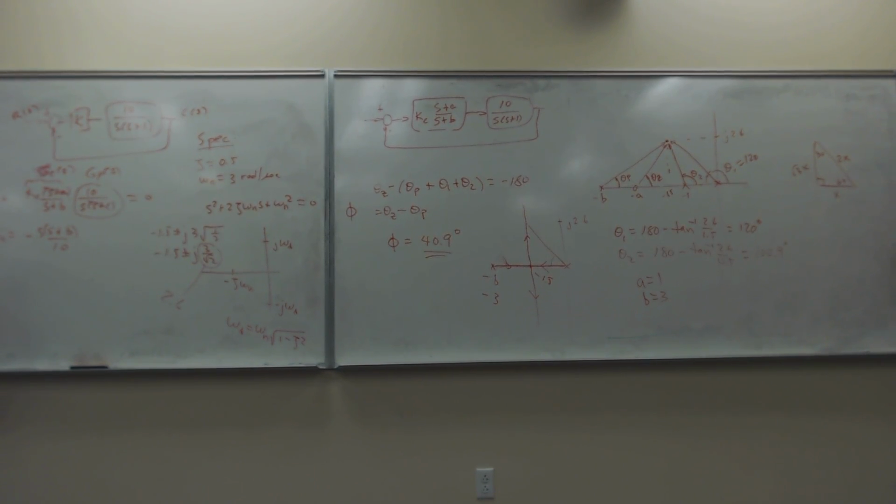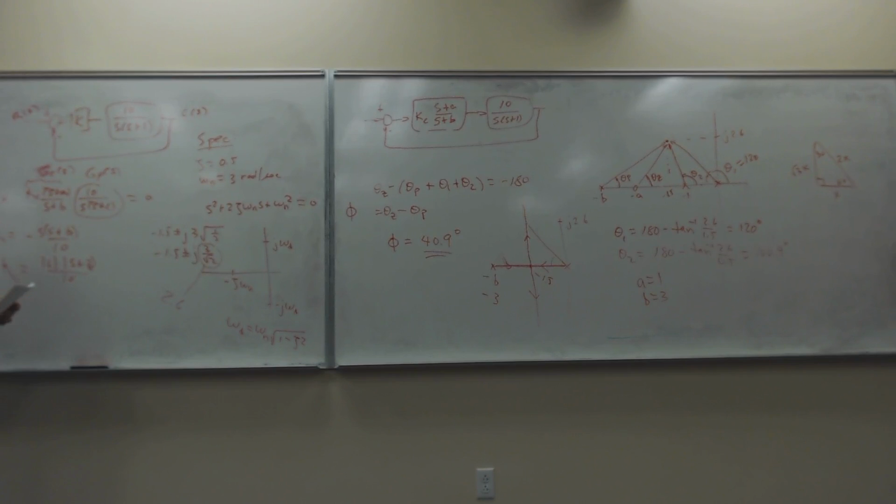And so, putting in the value, actually, we could use the alternative form of this, which is the magnitude of that. So it's the magnitude of S times the magnitude of S plus B, equal to 3 over 10.